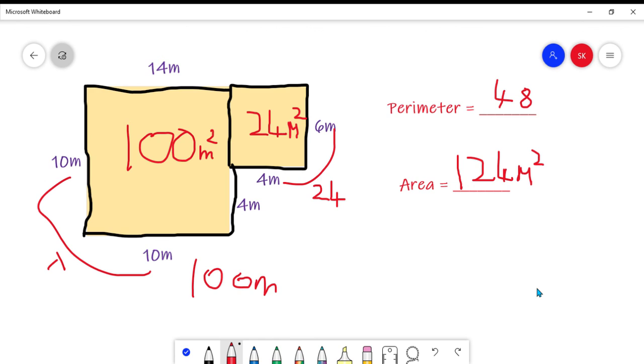There. That's the last example solved. I hope this tutorial helped you, and now that you fully understand how to work out the perimeter and area of compound shapes, there's section 4 and 5 left of maths revision part 1.